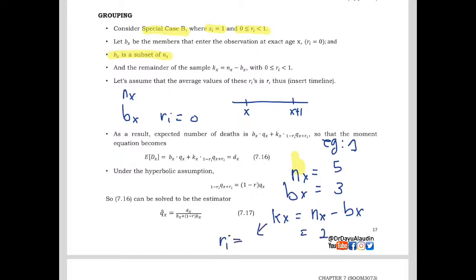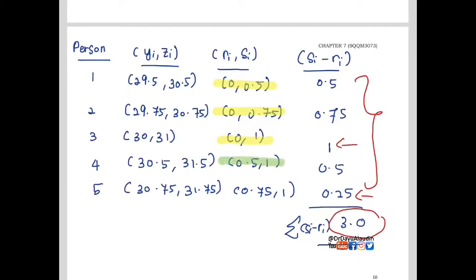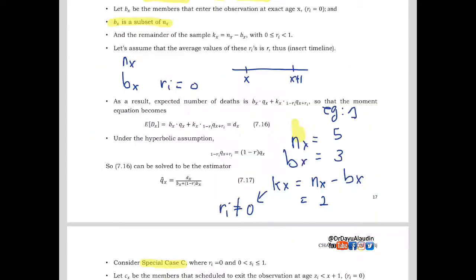Kx is where Ri is not equal to 0. So person 4 and person 5, Ri is not equal to 0. So Kx is for person 4 and person 5. Bx is person 1, person 2 and person 3.